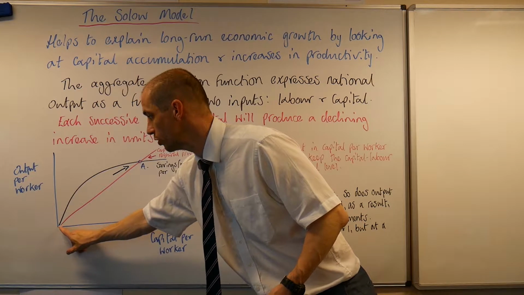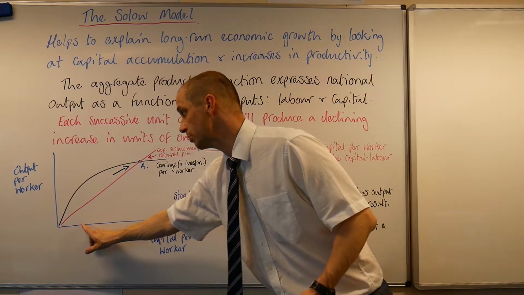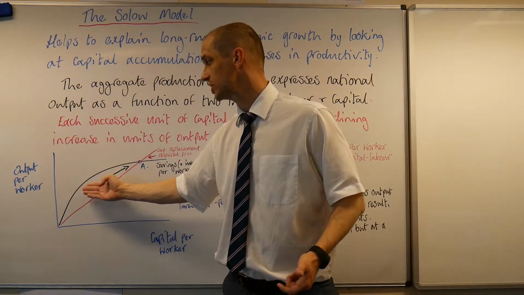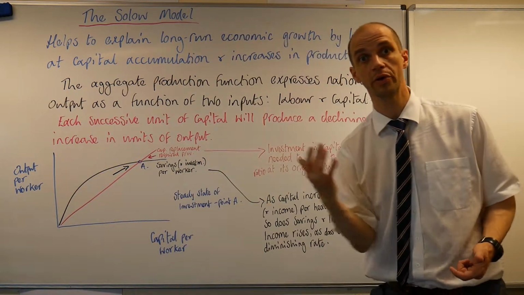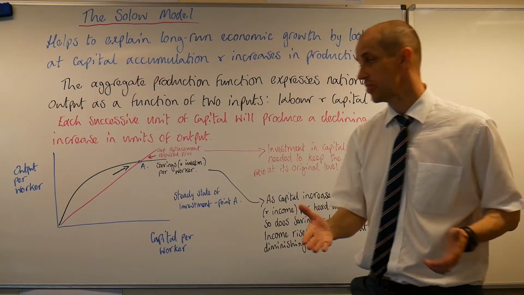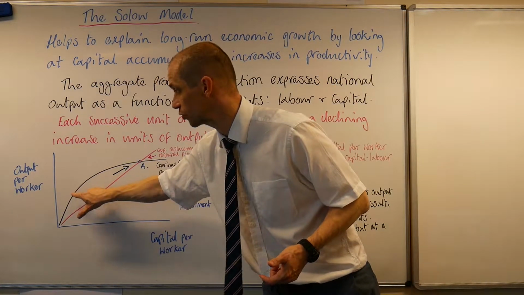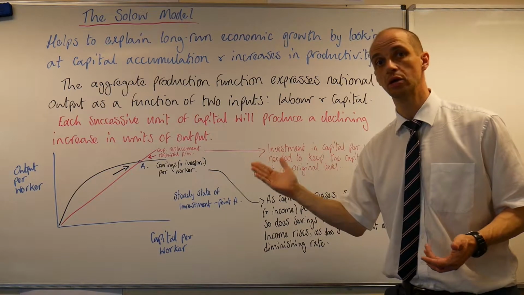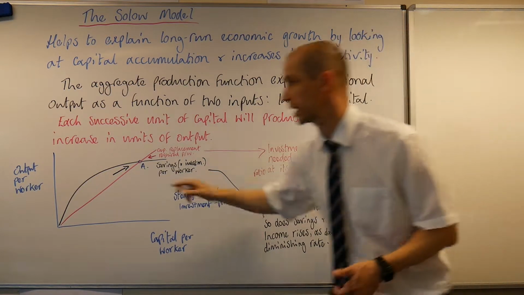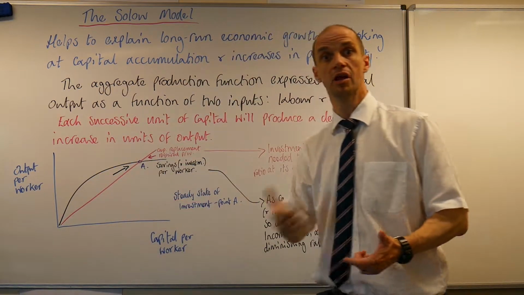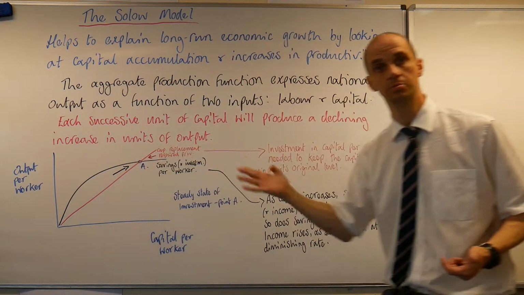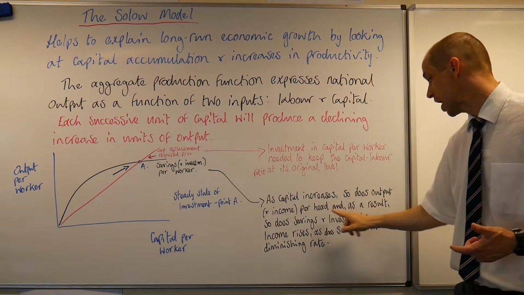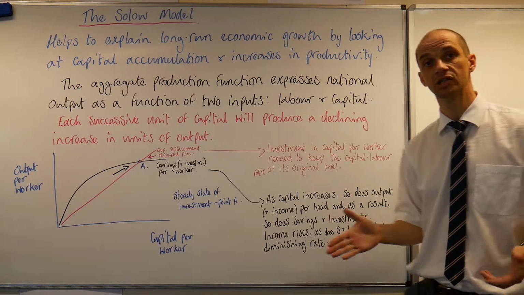That farmer who acquires that tractor is able to enjoy that big increase in output as a result of acquiring that one capital good, and that really does cause a huge increase in output per worker, as we can see. So that's really significant. But acquiring a second tractor is not going to be as productive. A third tractor, again, there are these diminishing marginal returns that we can see quite clearly there. And as a result, so does savings and investment.